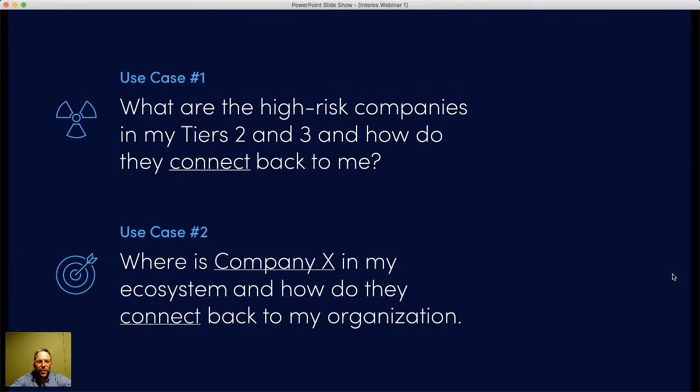So having visibility into that and understanding how those companies in those faraway tiers connect back to you is really empowering. And use case number 2 is maybe you heard about some company in the news, let's say in an article in the New York Times about a cyber attack that they just had, and you want to see where that company is in your ecosystem, and how they connect back to your organization. So that was the premise on how we got started thinking about finding a visualization that can fulfill these 2 use cases.